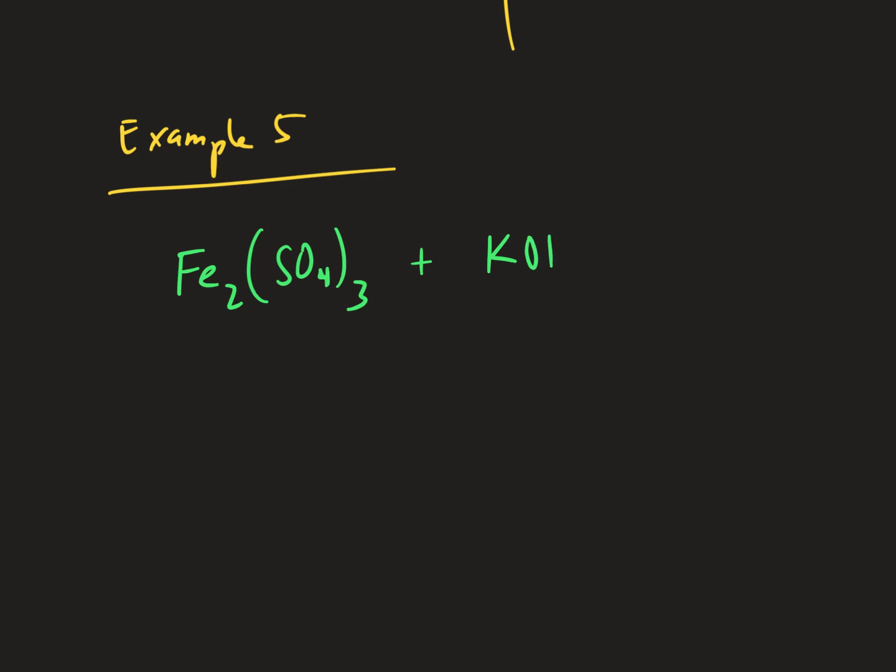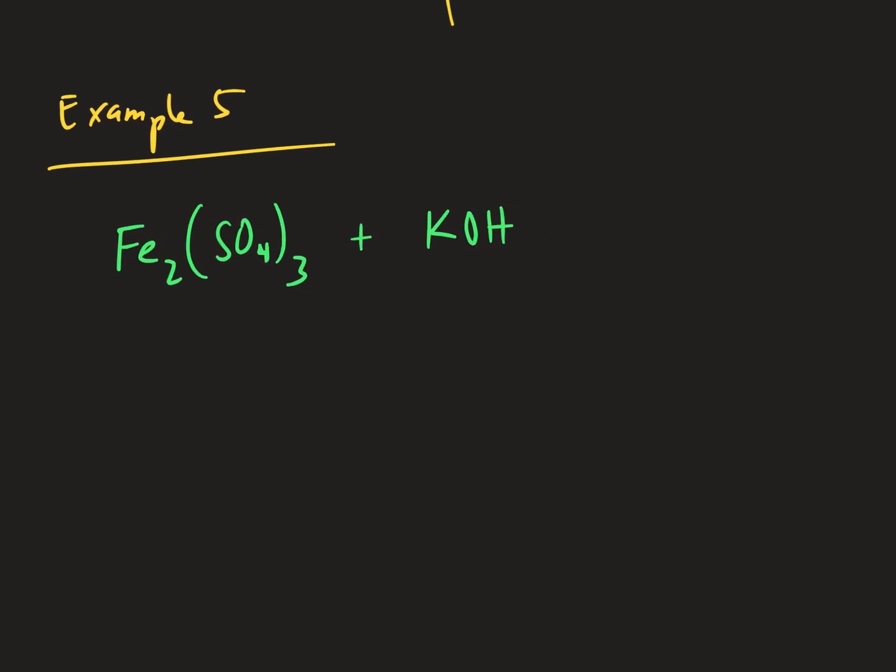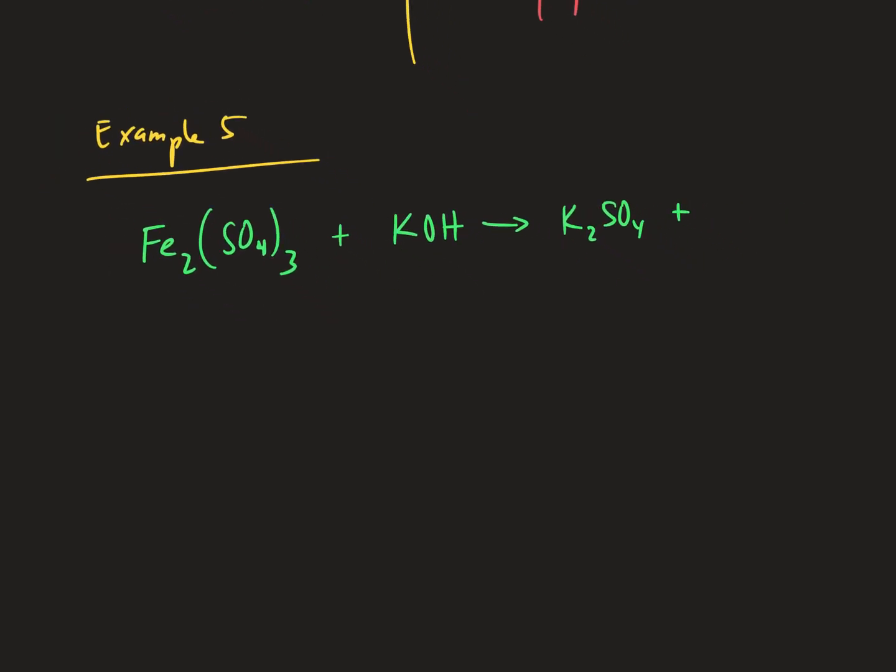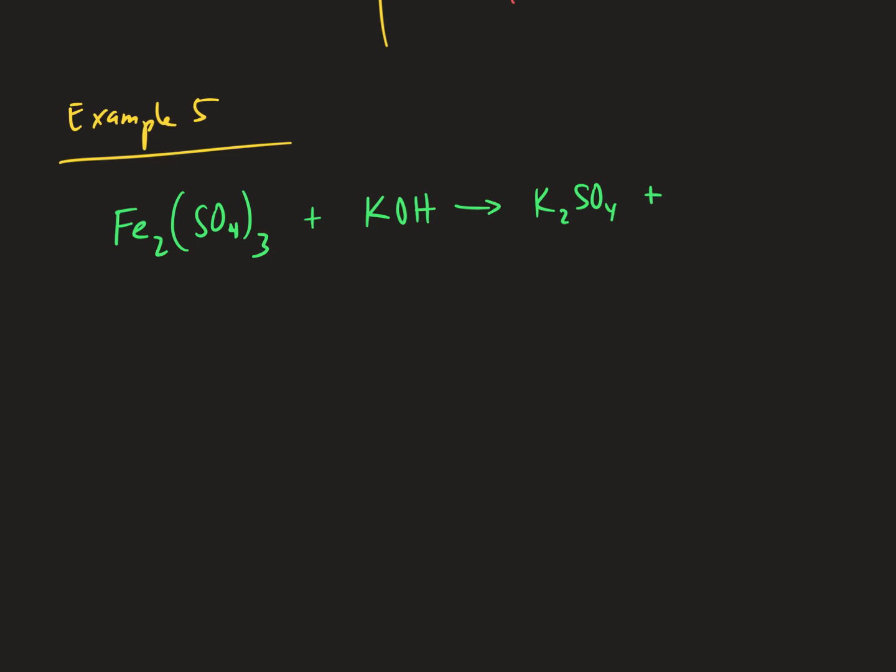Plus potassium hydroxide gives us potassium sulfate and iron 3 hydroxide, yeah. All right, so let's balance this thing.